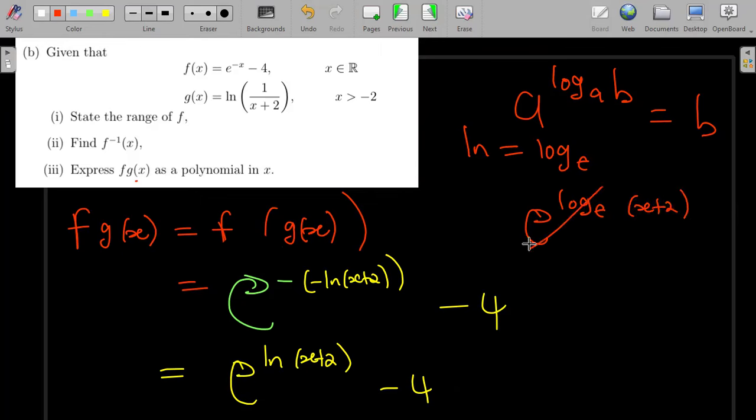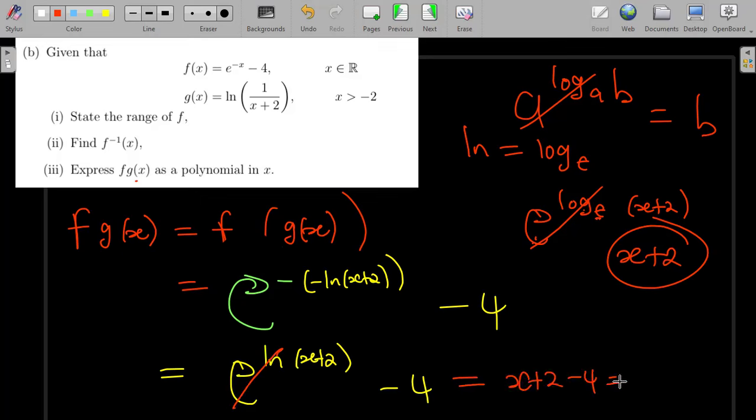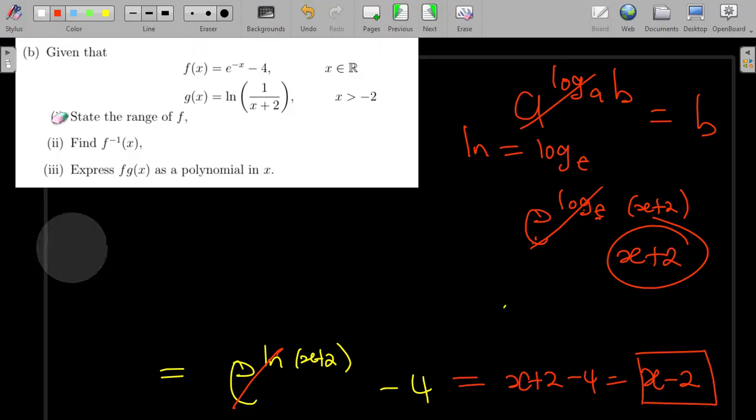So this guy will cancel, because it's e raised to a log with the same base as this. So I just have x plus 2 there. Here, this collapses, so I just have x plus 2 minus 4, which is equal to x minus what? 2. So this one here will be our f of g.